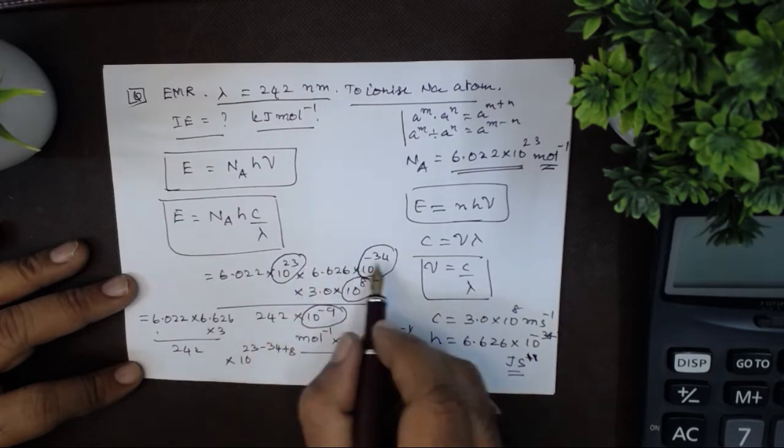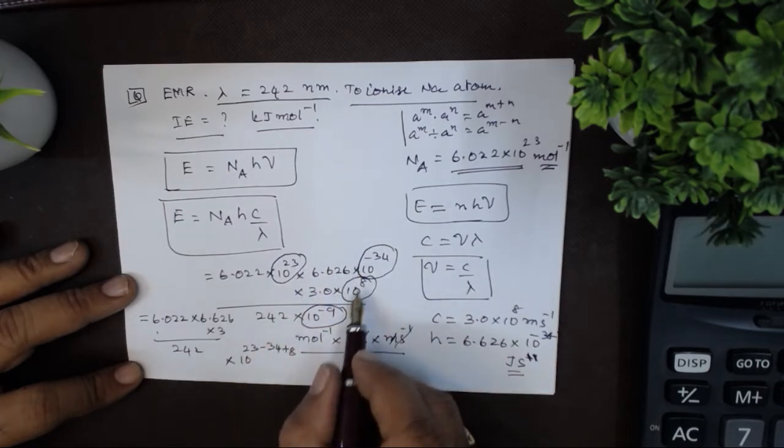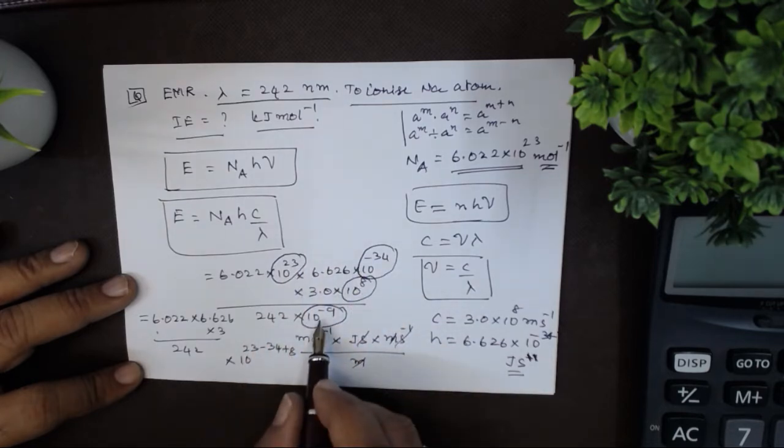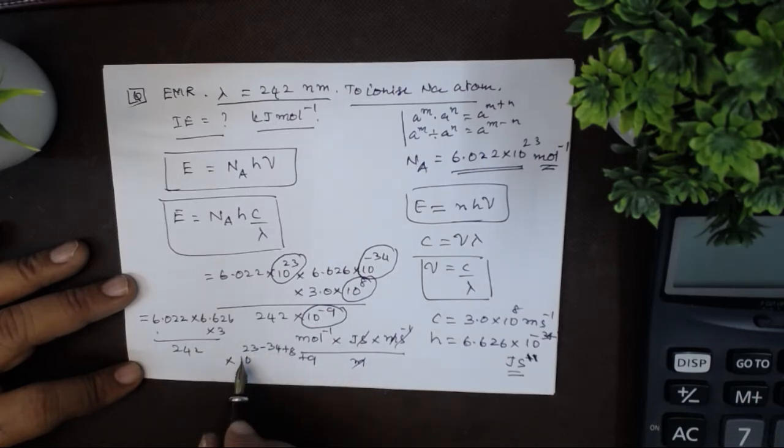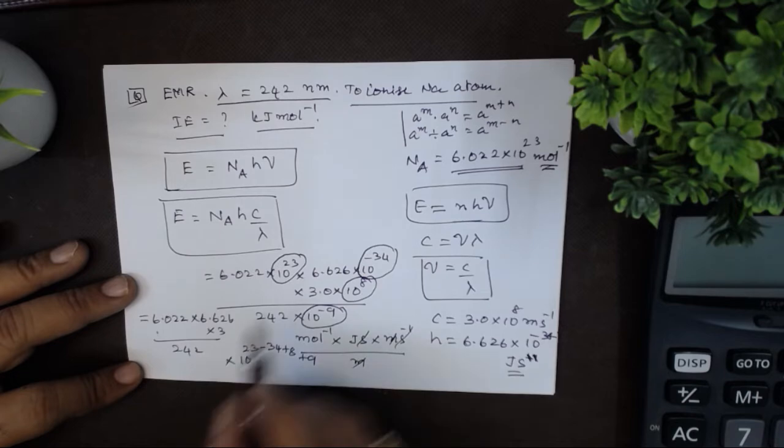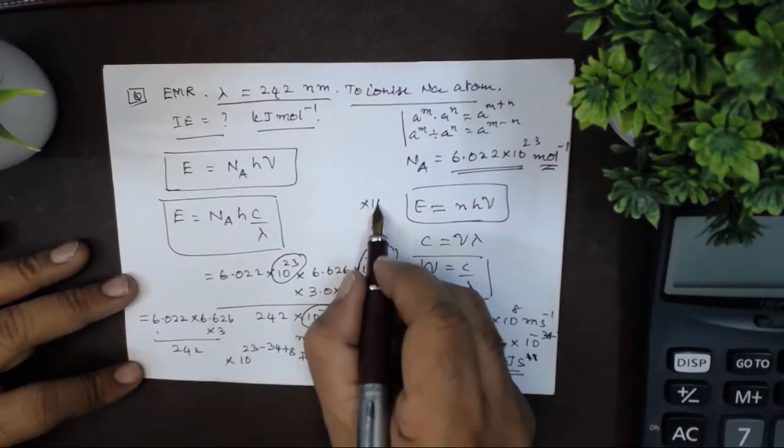When you bring 10 power minus 9 to the numerator, it becomes 10 power plus 9. So 23 plus 8 is 31, 31 plus 9 is 40, and 40 minus 34 is 6. So our answer will appear in terms of 10 power 6.